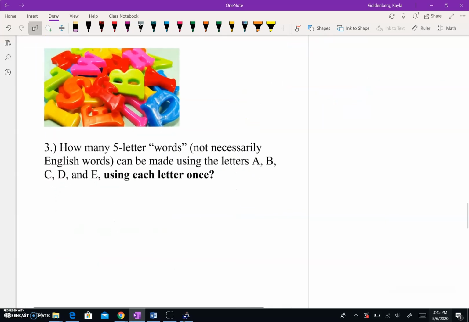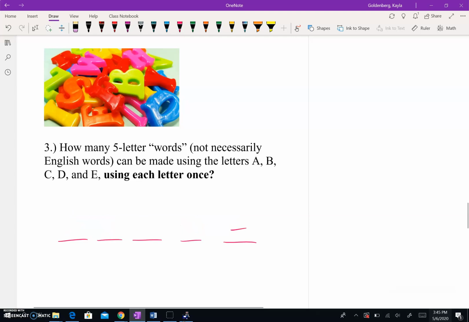Okay, some other examples of counting different possibilities. A lot of textbook problems also look at making up words. So if I have the letters A, B, C, D, and E, and I want to know how many 5-letter words, let's assume that a word is 1, 2, 3, 4, 5 letters in a row. So like A, B, C, D, E could be a quote-unquote word.